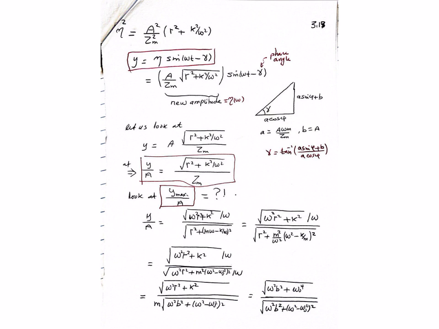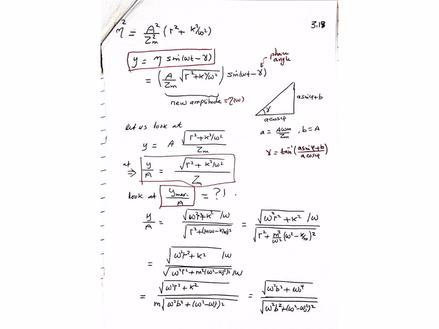We are interested actually in y over A, which is a function of omega, and then we have to look at the maximum, as at the beginning. We have to look at the maximum of y max over A. Now we know y is given by this red expression where eta is m square root of r squared plus k squared over omega squared.